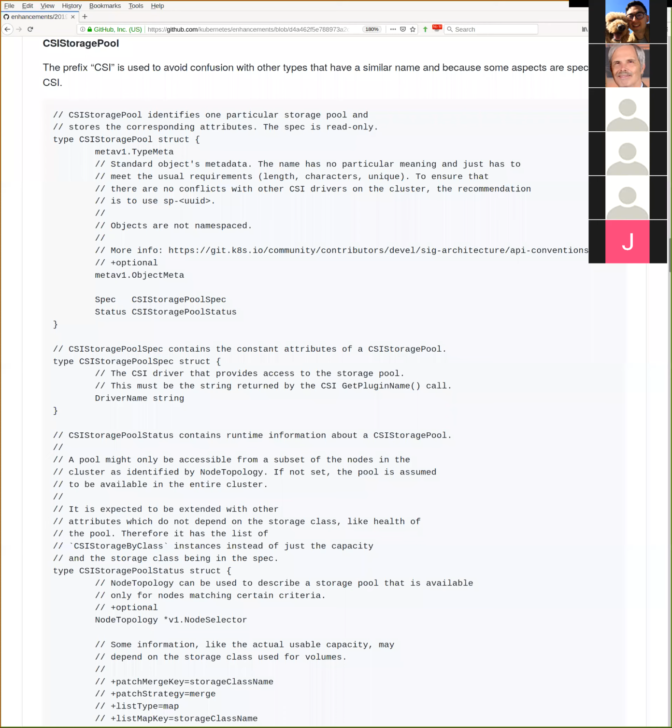And I think we should also consider, if I understand correctly, the scheduler extender was kind of the old way of extending the scheduler, and now we have the scheduler plugin framework, which is supposed to improve upon that.